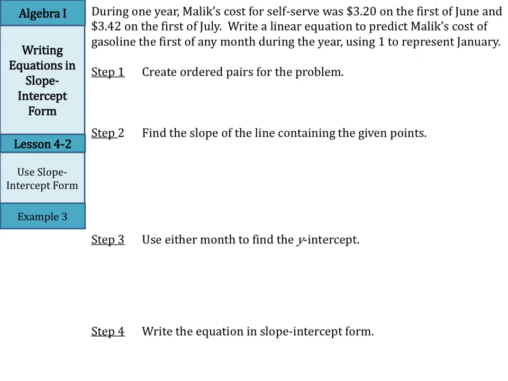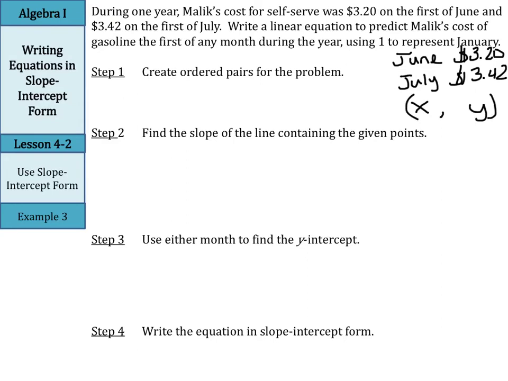Now we know that in June, the cost of gasoline was $3.20. And we know on the 1st of July, it was $3.42. Now, we're going to let the x's represent the months and the y's represent the cost.